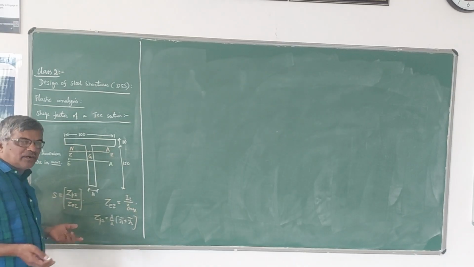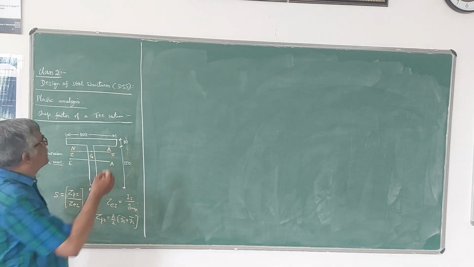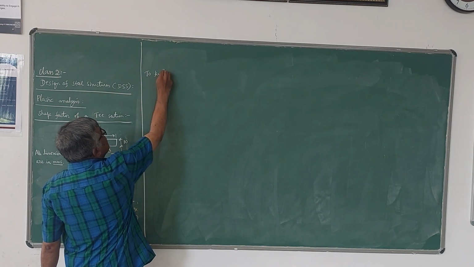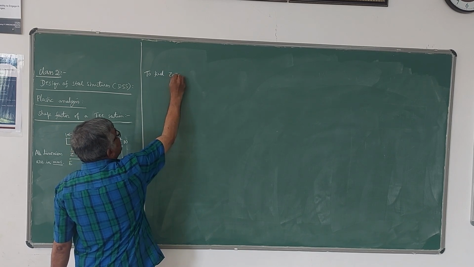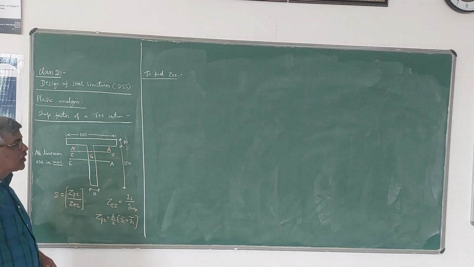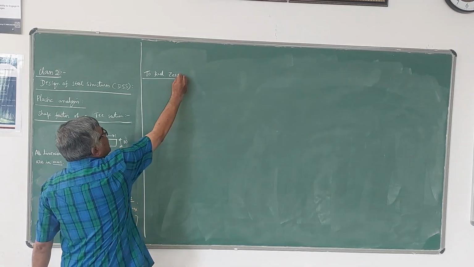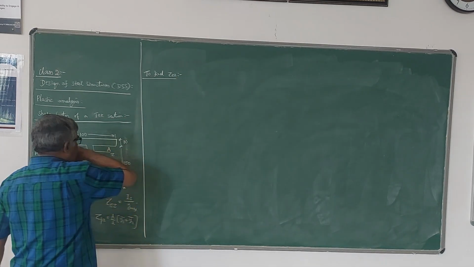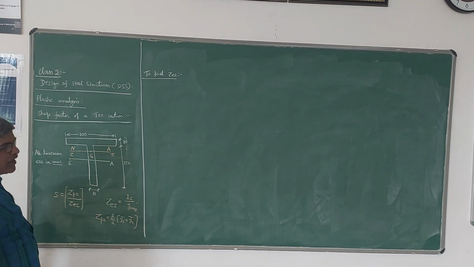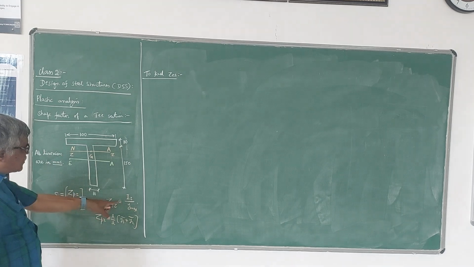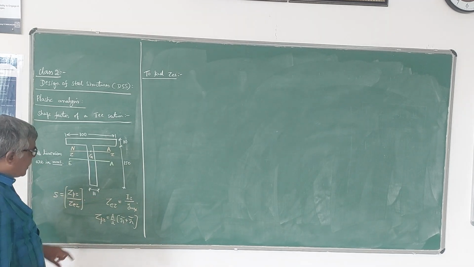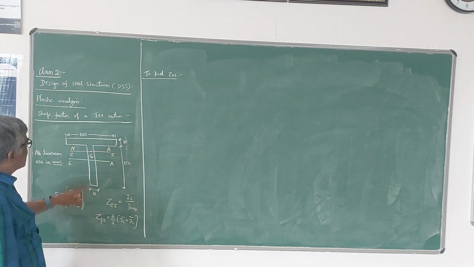First, I will find ZEZ. The Z axis is the horizontal axis of the cross section as per the code. I need to find the value of IZ, then IZ divided by Y max gives the value of ZEZ. But to find IZ, I need to locate the centroid.